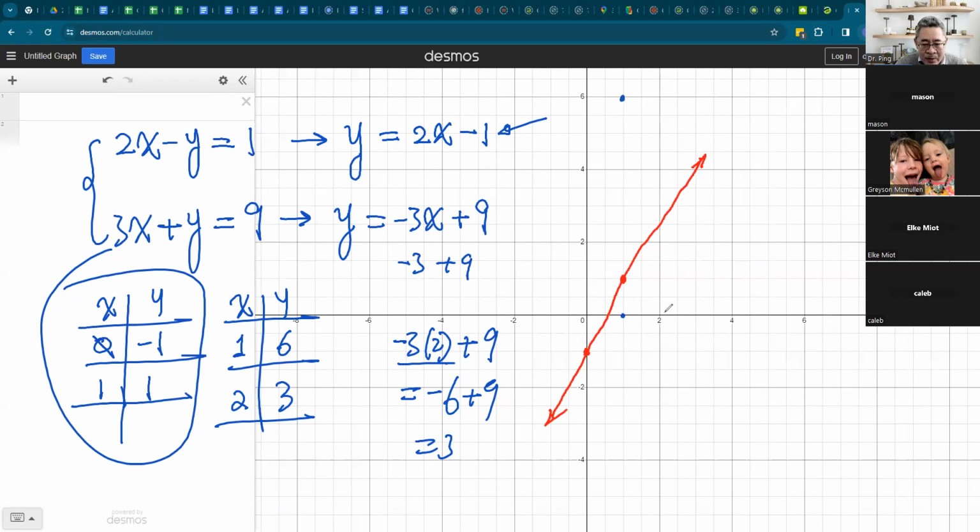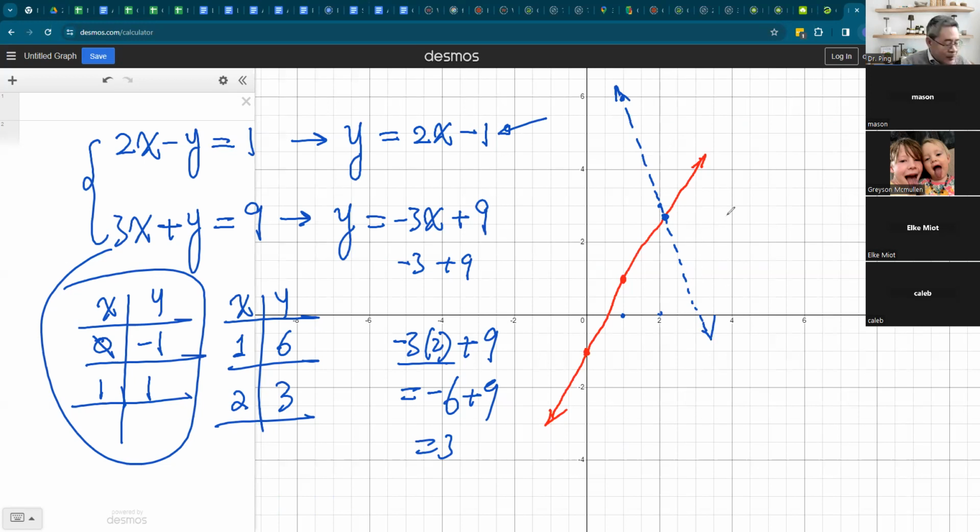And we got (2, 3), 2 is here, 3 is right here. So we can see how that connects. Now we can see we have a connecting point here.